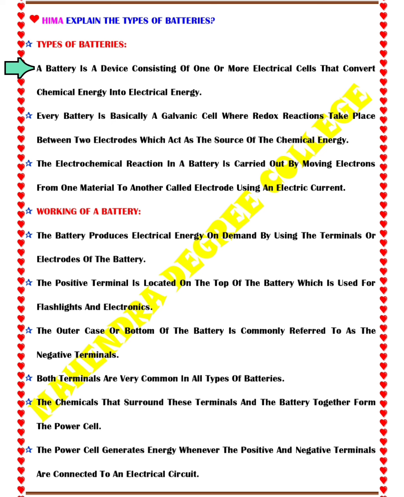That is how the battery powers devices like a flashlight, phone, or remote. In simple terms, a battery is a device that stores energy in chemical form and gives out electricity when needed using one or more cells.